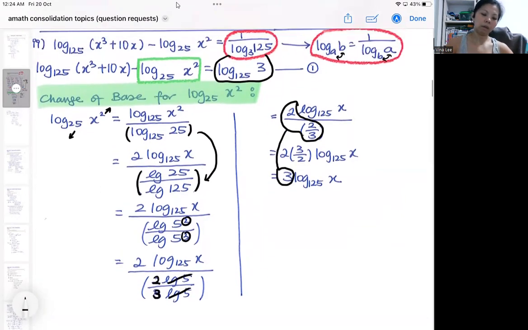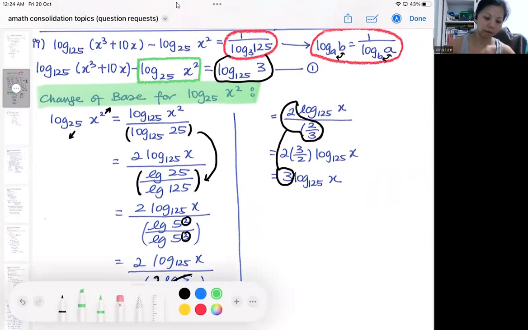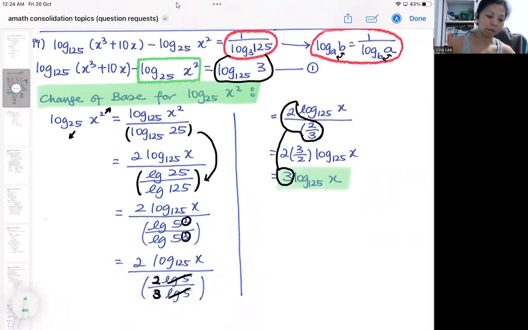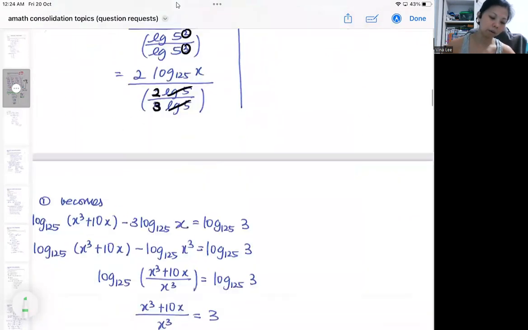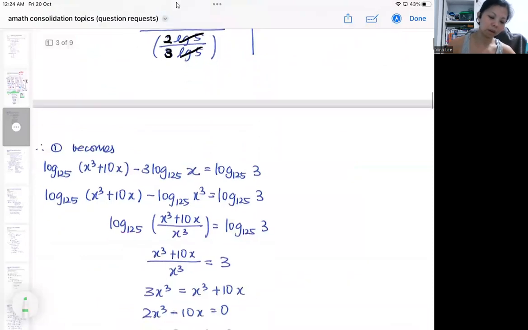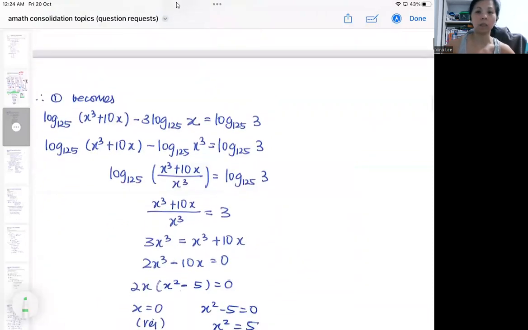So this is the process where I change the base to 125. So I can replace it back. After I focus on the change of base here, I'm going to change it back. While I change it back, things become very easy already because all are base 125.